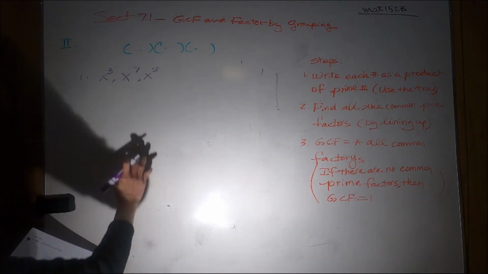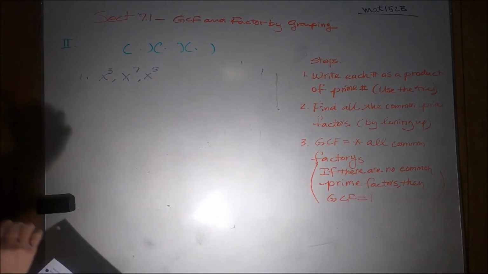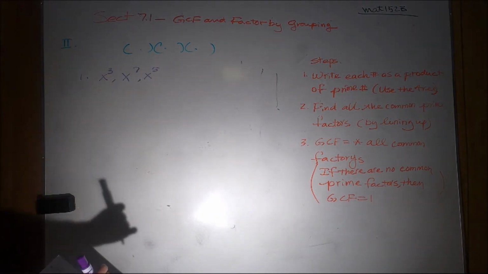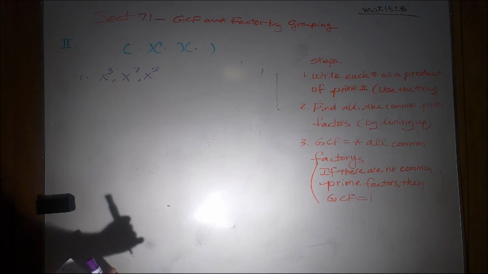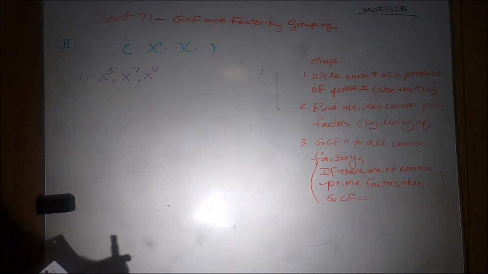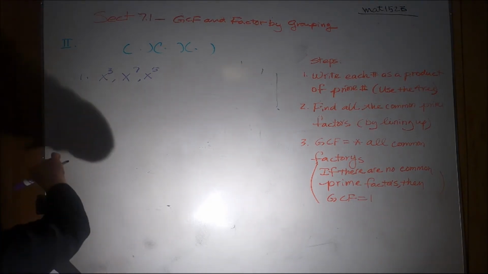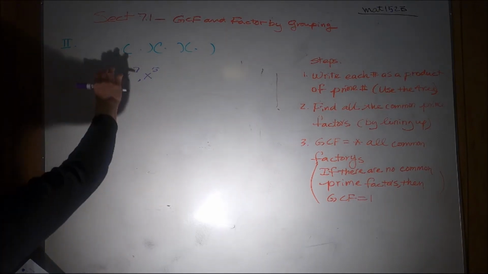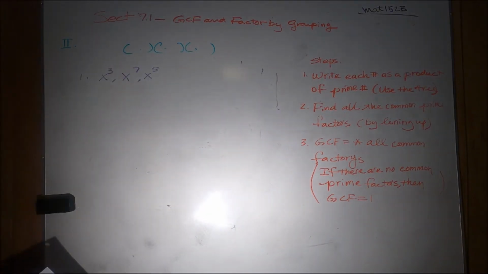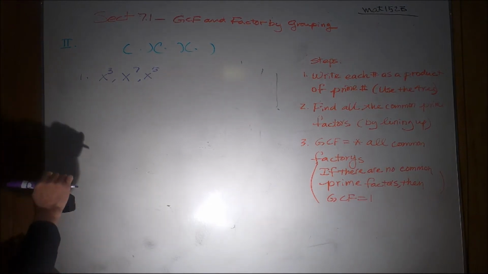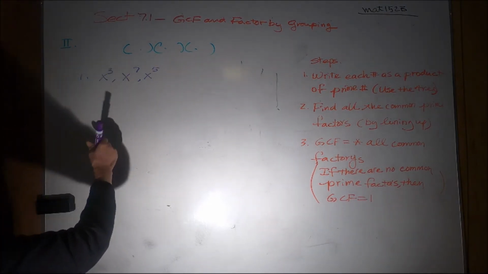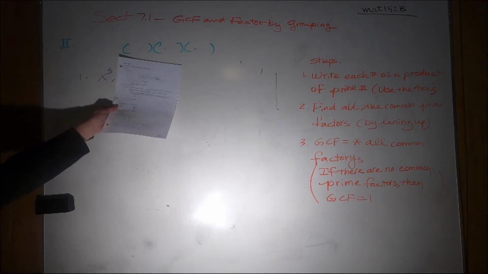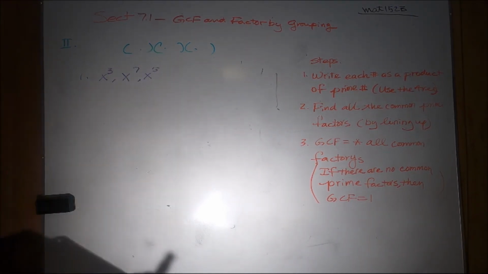Right now, before we do all the breaking things down, we try to find a what? GCF, which is common to all of them. Then we use GCF to break things down later. Okay, so for these 3, how many terms do we have? 1 term, monomial, monomial, monomial.